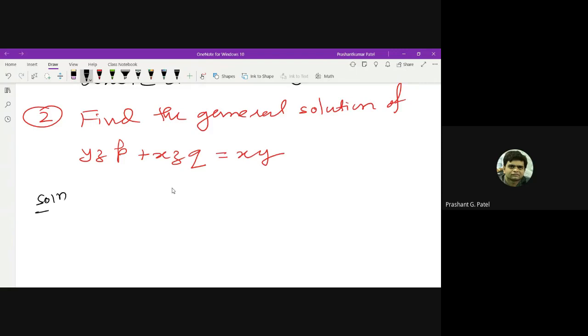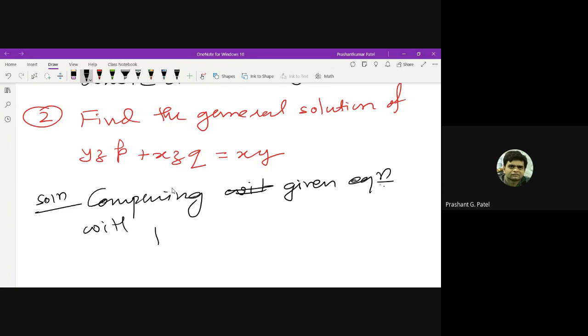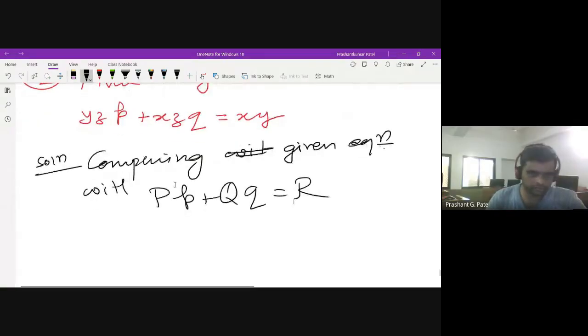So here, comparing the given equation with capital P into small p plus capital Q into small q equal to R, first of all, you should note that this is a quasi-linear equation, where capital P is a function of x, y, z, Q is a function of x, y, z, and R is also a function of x, y, z.